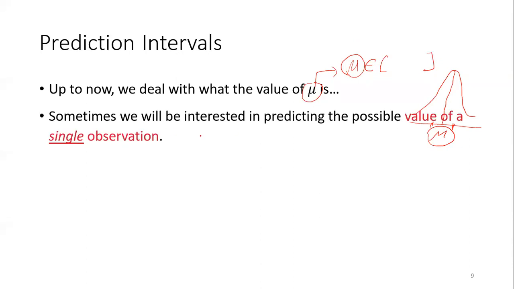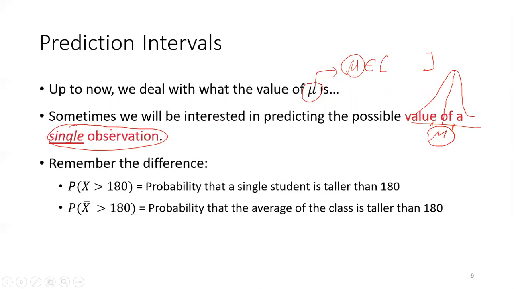However, sometimes we're interested in predicting the possible value of a single observation. So what does this mean? Just remember the difference by looking at this example. What is the probability that x bar is greater than 180? This is the probability that the average of the class is taller than 180.